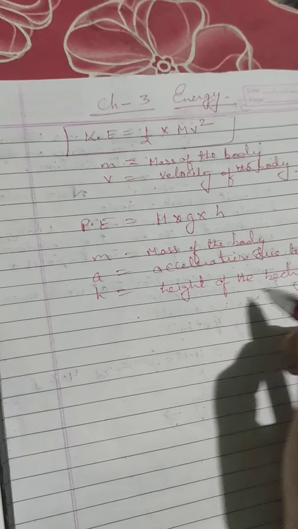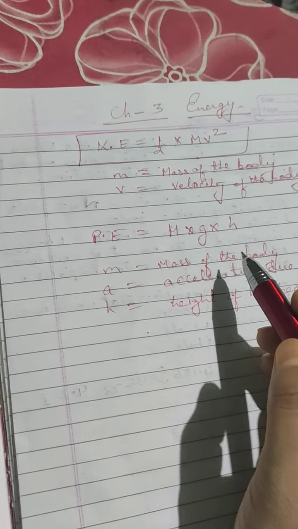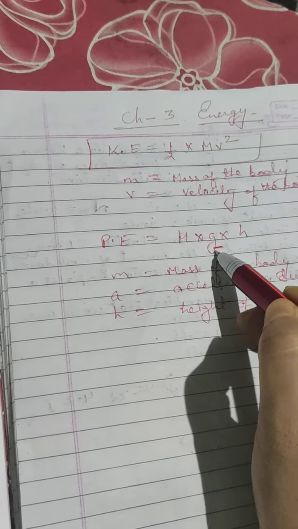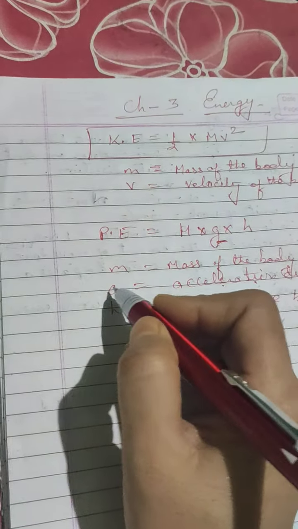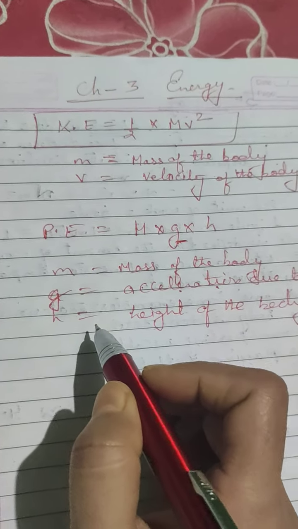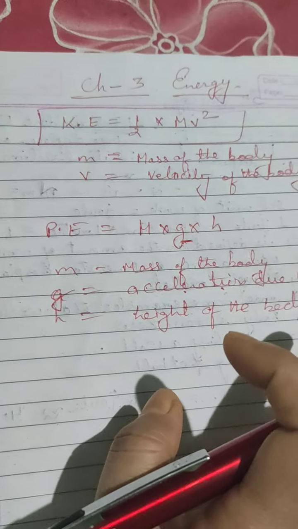Okay, so acceleration due to gravity is denoted as g. Clear? So revise this. I will give some numerical question later.